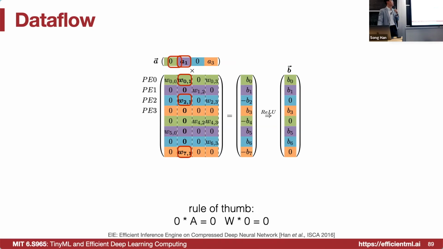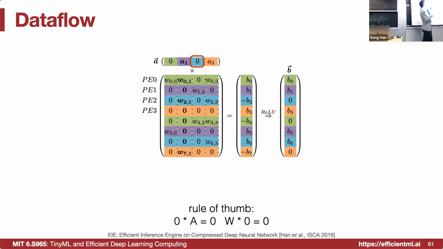They are broadcast to all the PEs, and then in parallel, they are multiplied, added with a bias, and then update the output. We encounter another 0. What do we do with that? We skip the entire column, not having to do any computation on this 0 activation, so that we can take advantage of not only the weight sparsity, but also the activation sparsity.